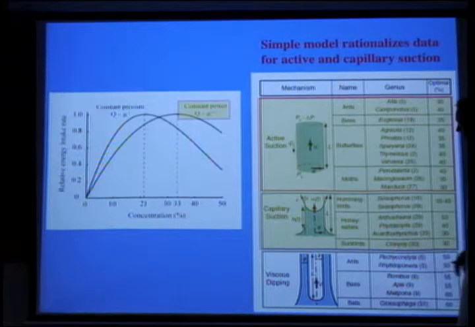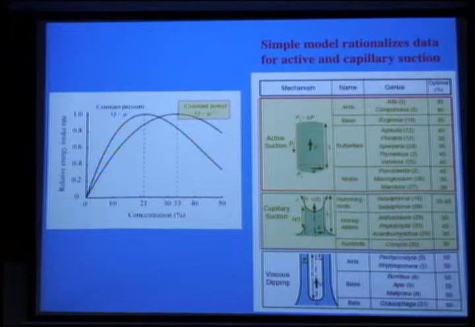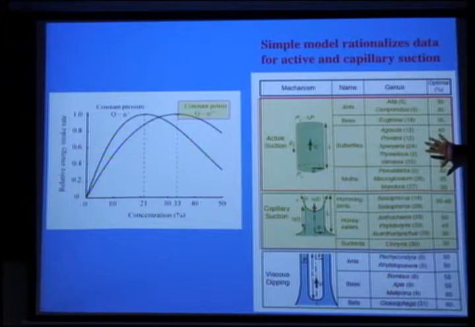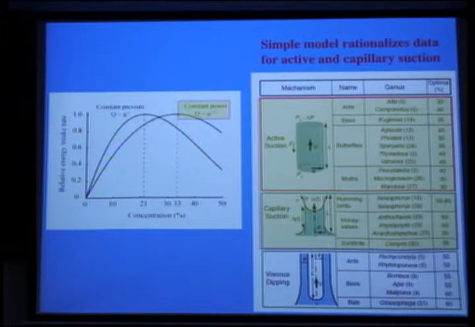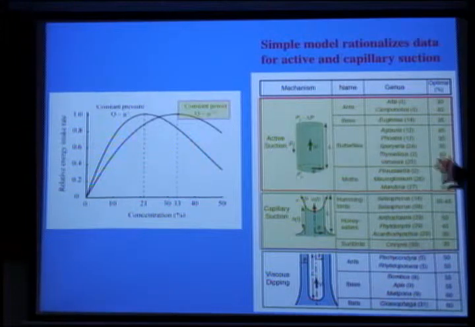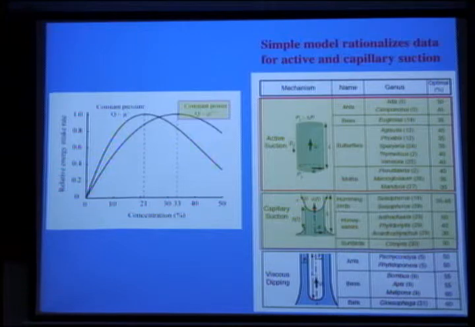So we can rationalize all of this data simply by saying that what's being optimized is the energy flux, and what's being held constant is the rate of work. If the rate of work being done is constant, and they're trying to optimize the energy intake, then we can rationalize 33%, which is not far from what one sees.